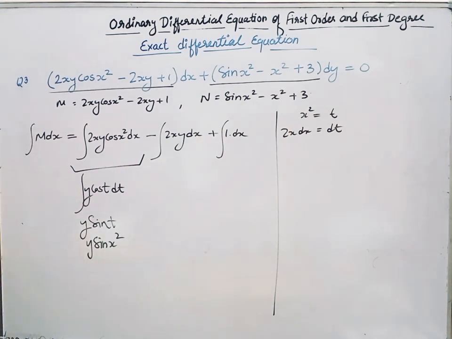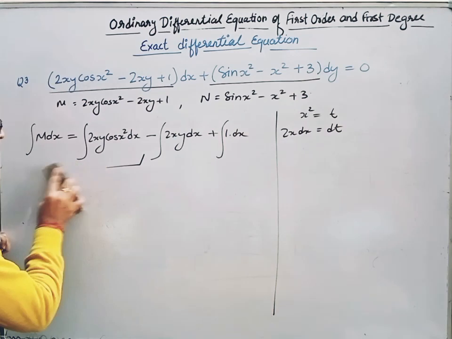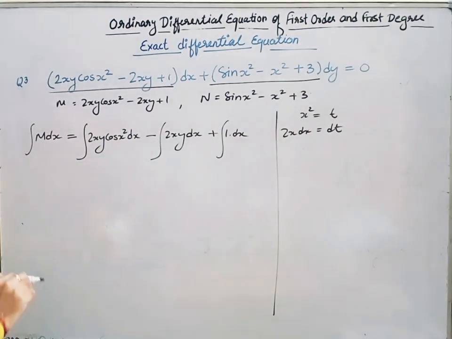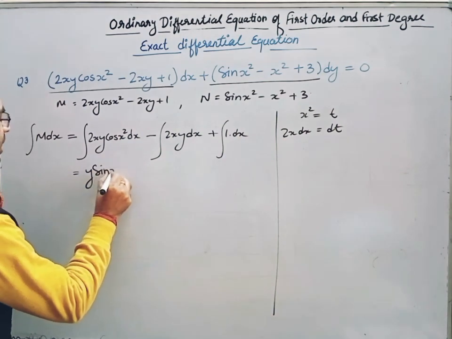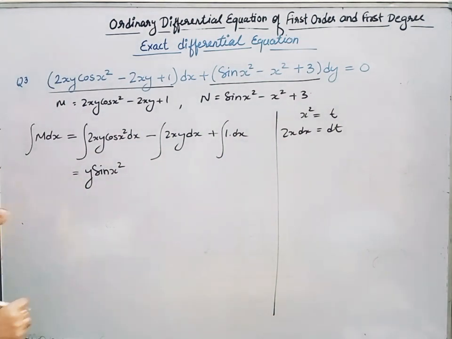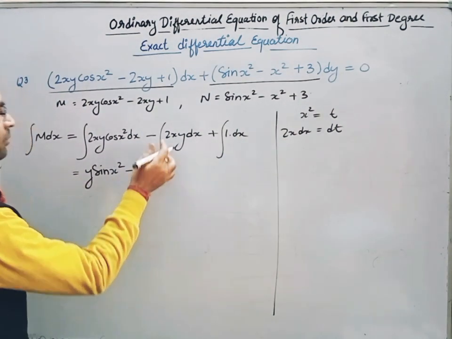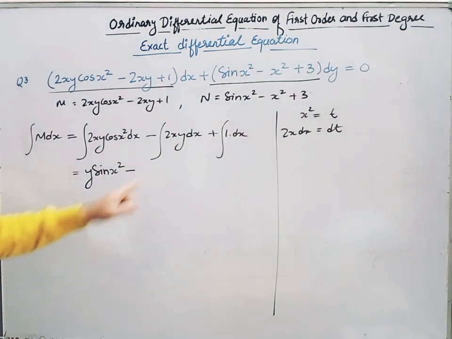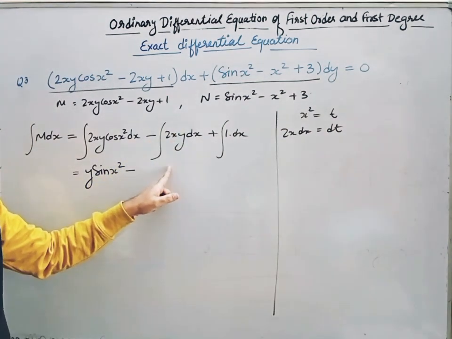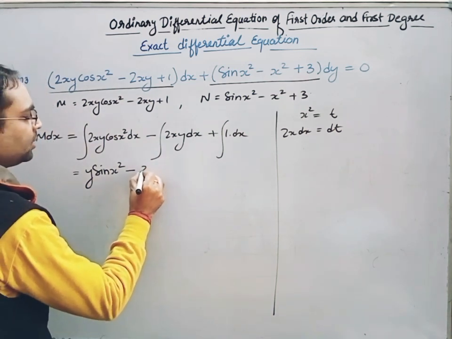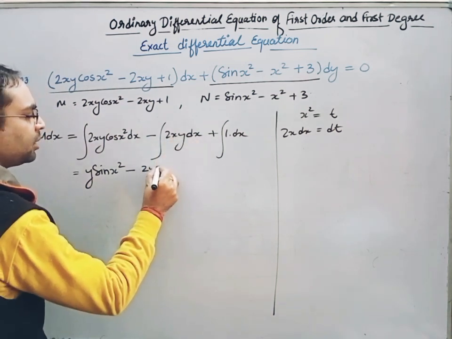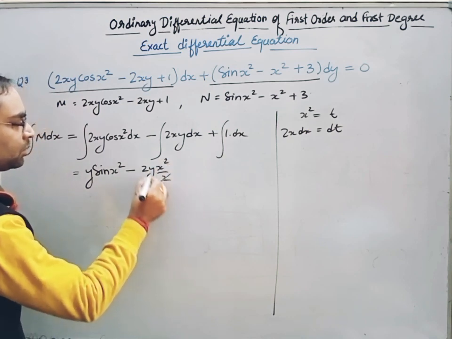So let me replace this back here. This is y sin x square. Now the next is minus 2xy, where minus 2y is constant. The integral of x will be x square upon 2. We'll cancel 2 and 2, so we can see minus 2y times x square by 2, where we cancel out the 2 and 2.